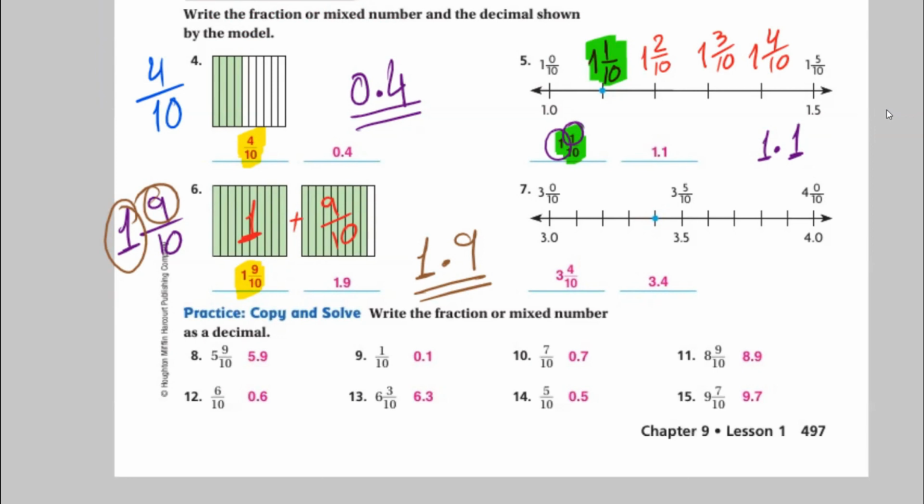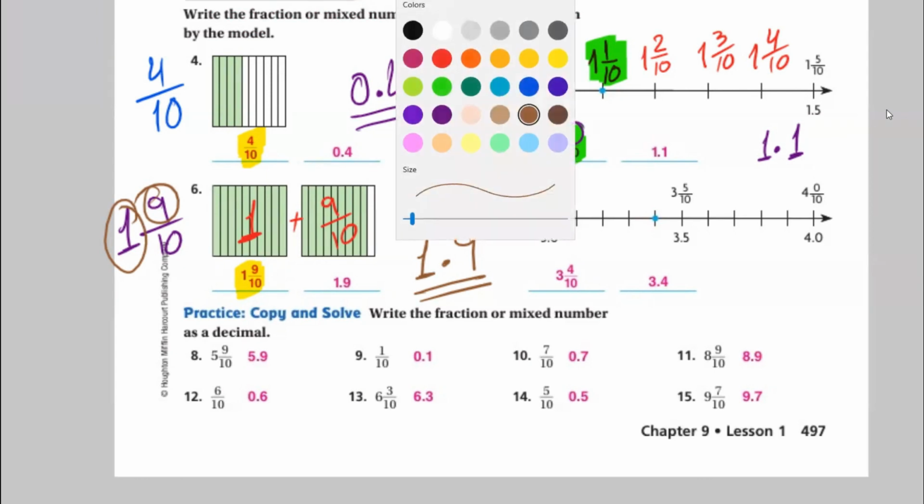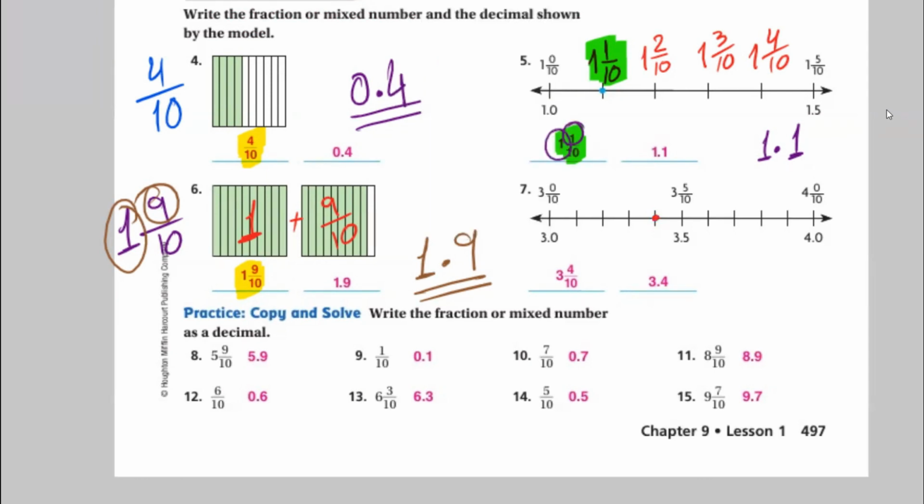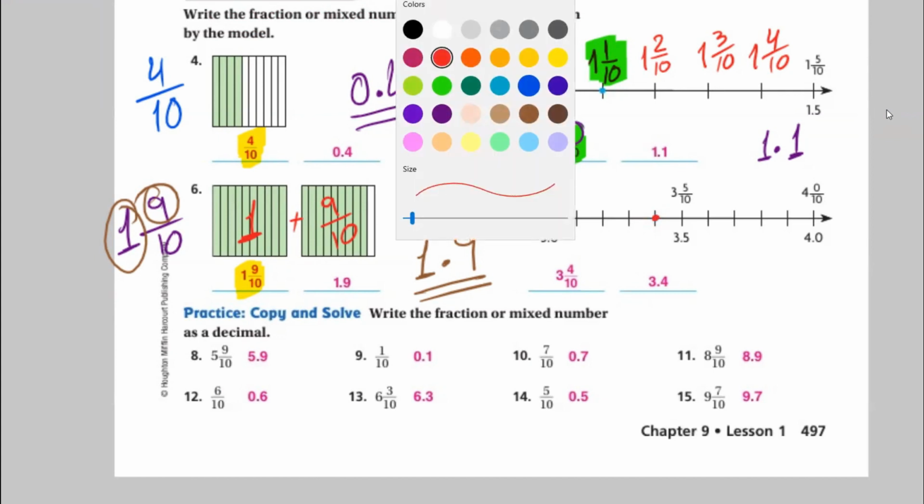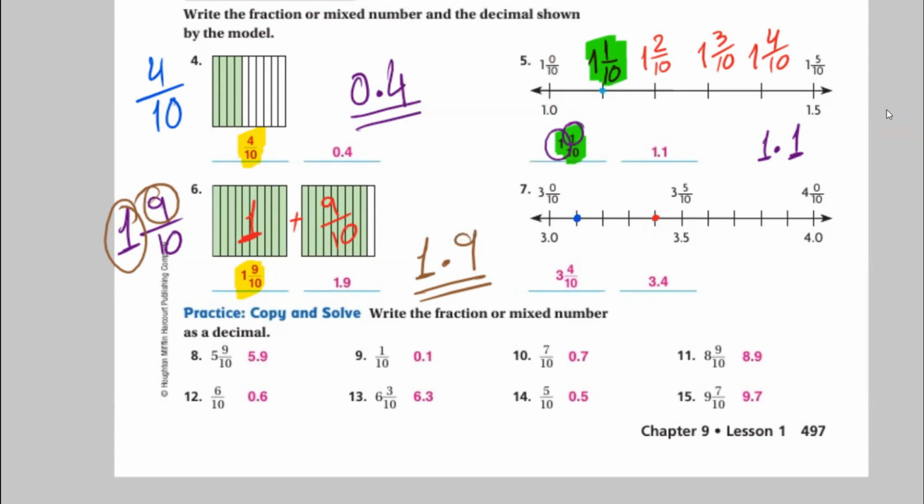Okay, number 7. So we want to get this point. What does this point represent on the number line? It means 3 and 1 over 10, because every time we're going to add 1 to the numerator.